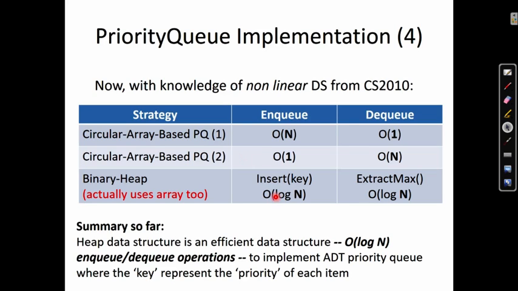But both of these operations are faster than the worst case for my circular array implementation, which is O(n) time. Okay, so this binary heap is a good middle ground. So why don't we take a short 5 minute break, and then we will come back to talk about other stuff we can do with the binary heap.